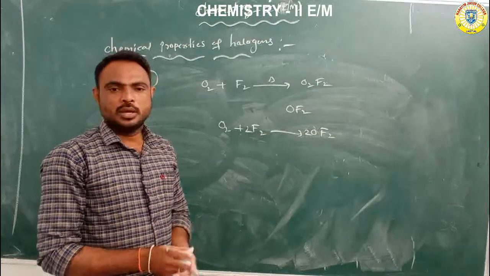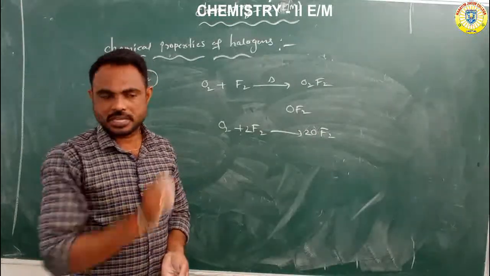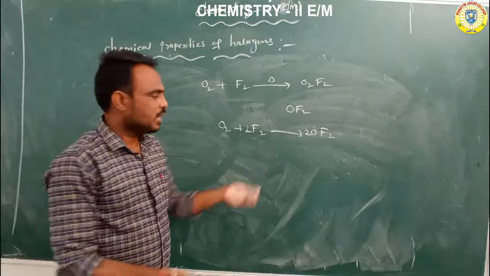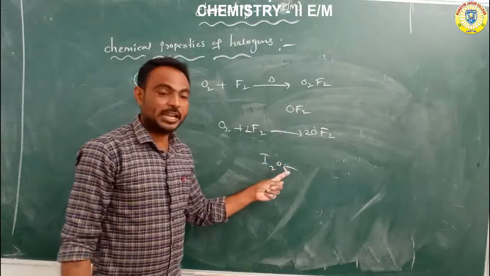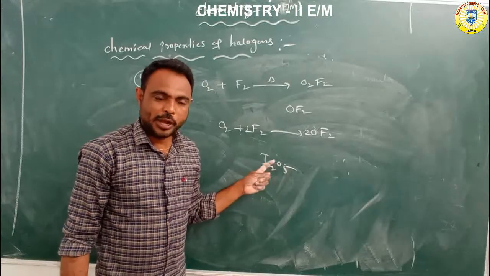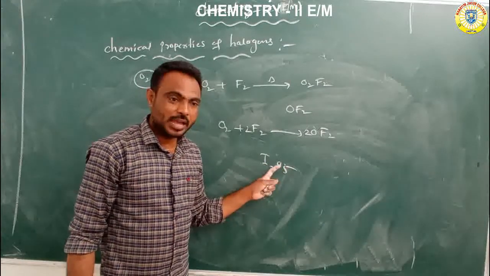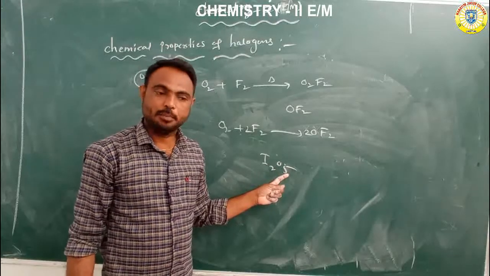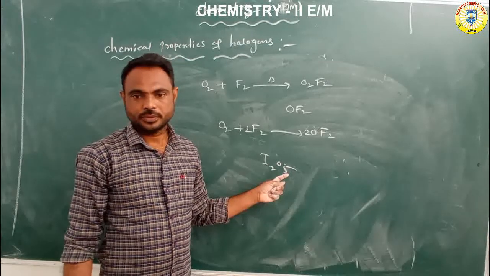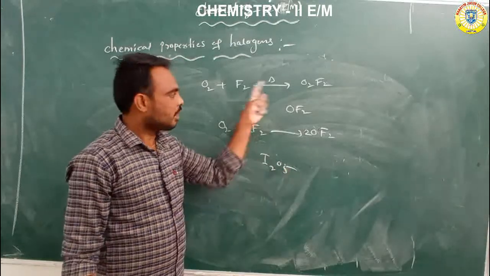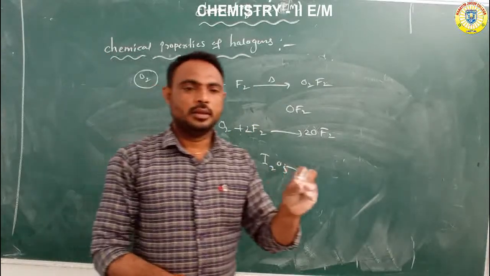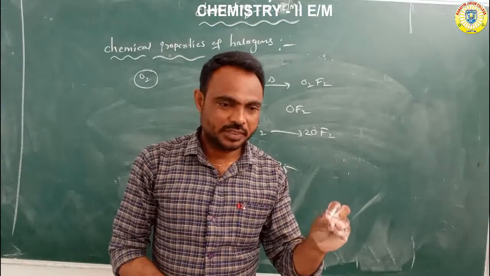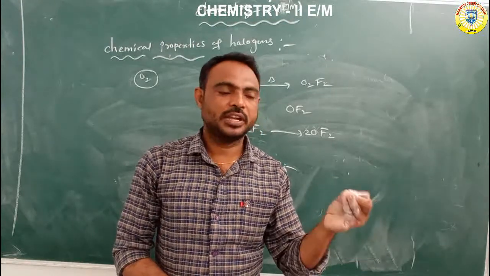So a number of compounds are there. Suppose I2O5, iodine pentoxide. So iodine forms which oxide? I2O5, iodine pentoxide. So these are all different types of oxides. Overall, halogens react with oxygen to form different types of oxides.